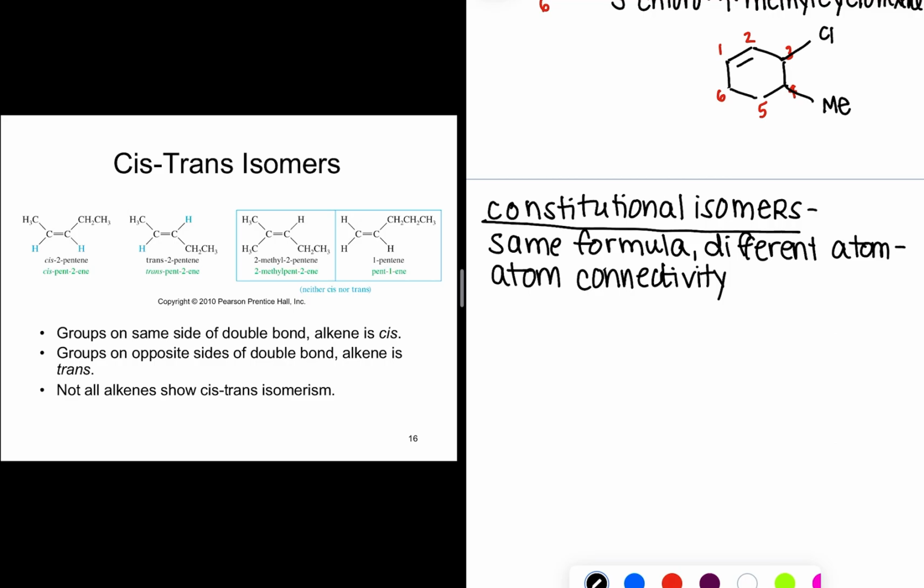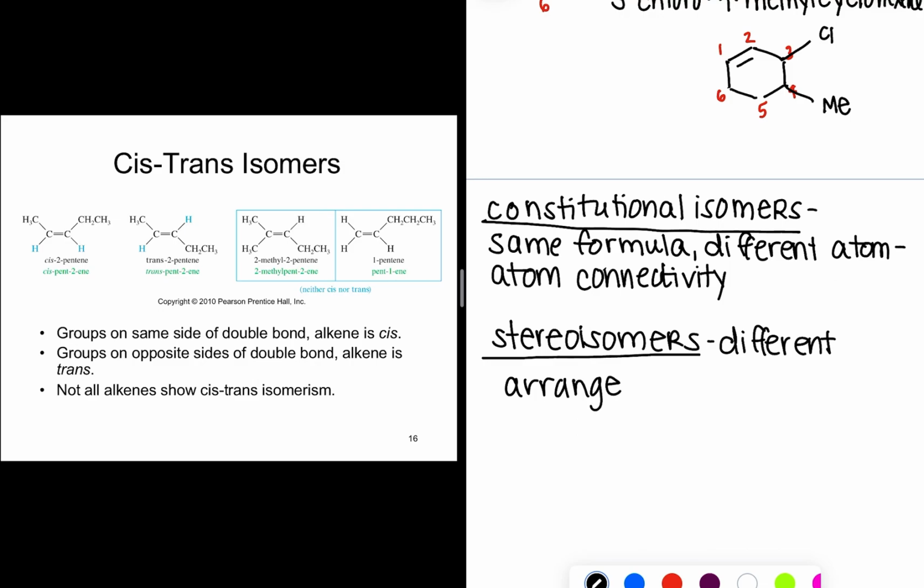What we're learning about here are stereoisomers. So stereoisomers have different arrangement in three-dimensional space.